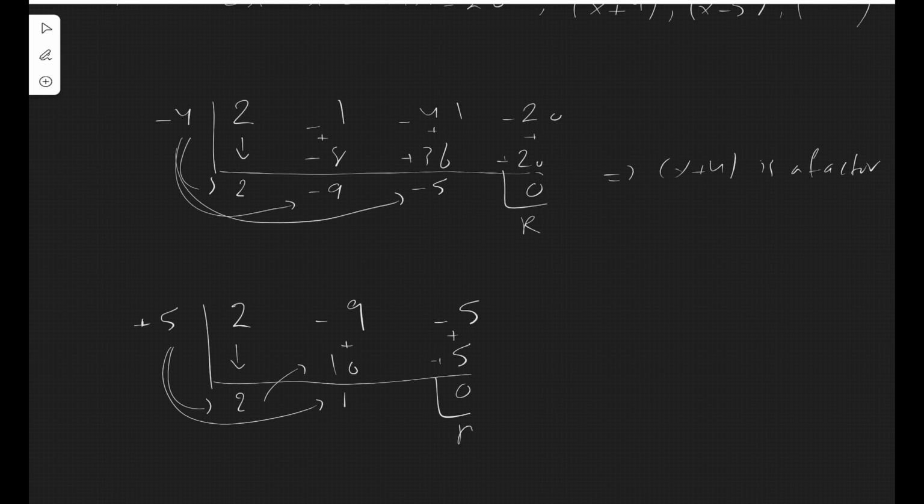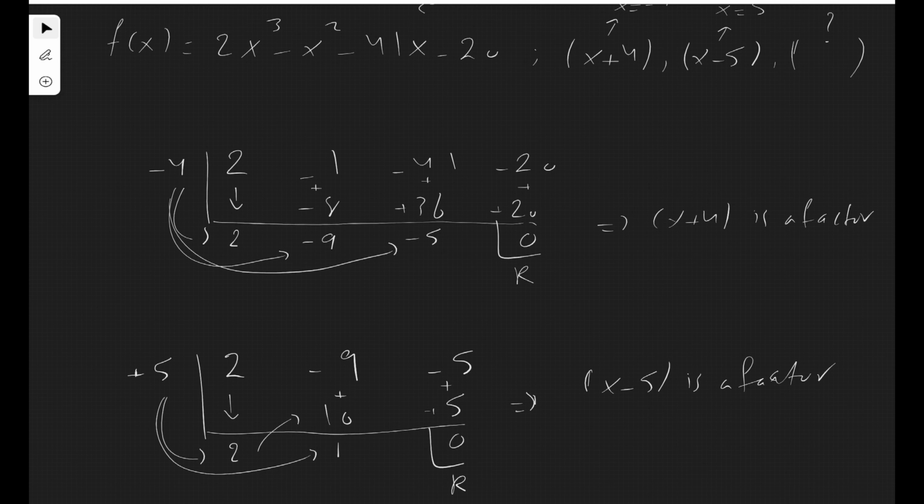So again, the remainder here is 0, which means that x minus 5 is also a factor. So both of them are factors of the function f of x.